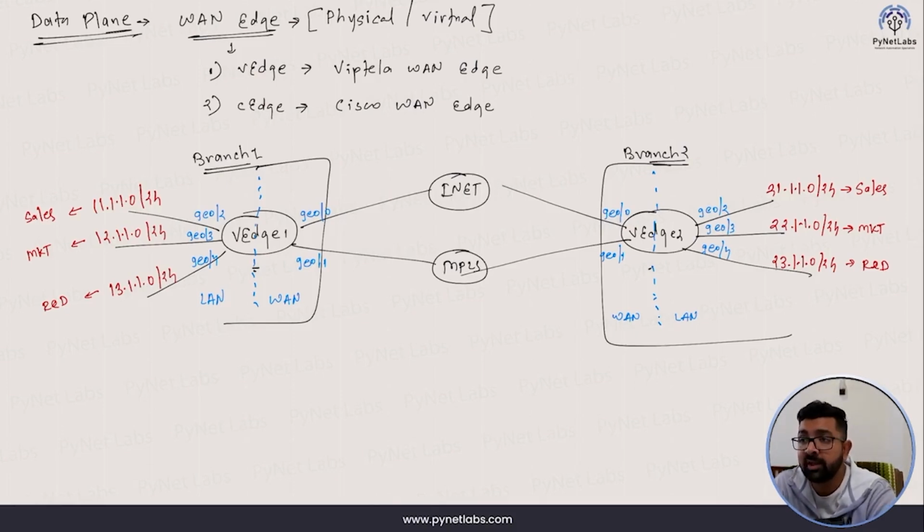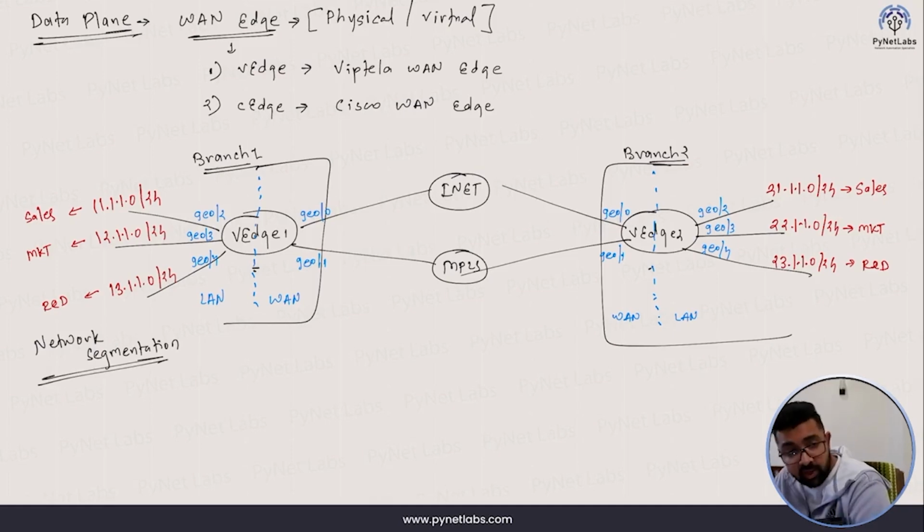Since all the communications are going to be secured, your SD-WAN solution also provides you something called network segmentation. And how does it do that?